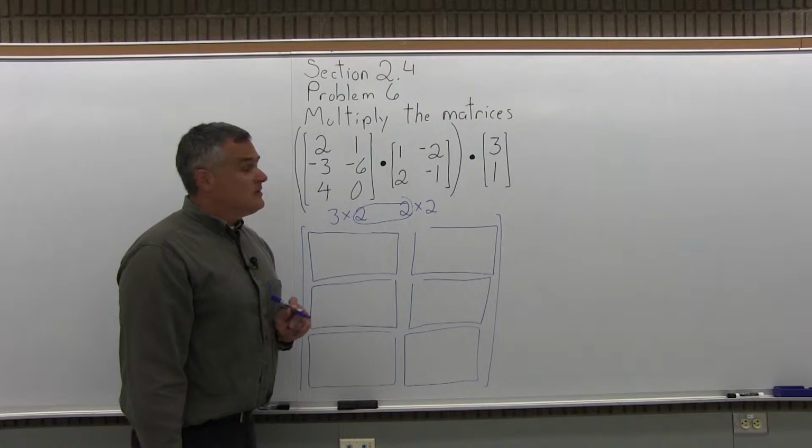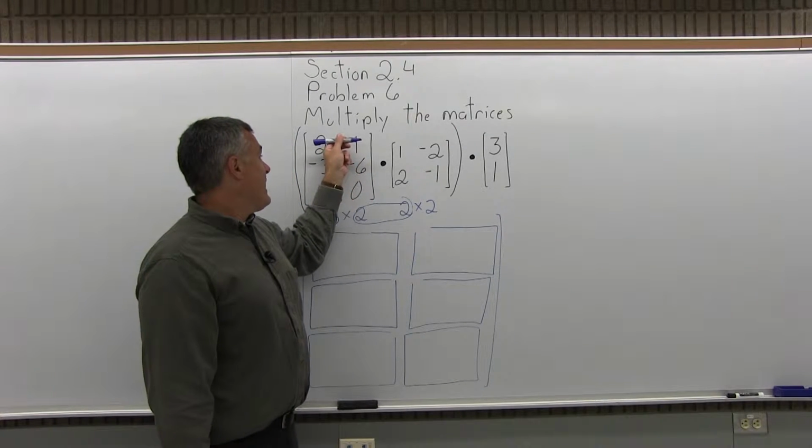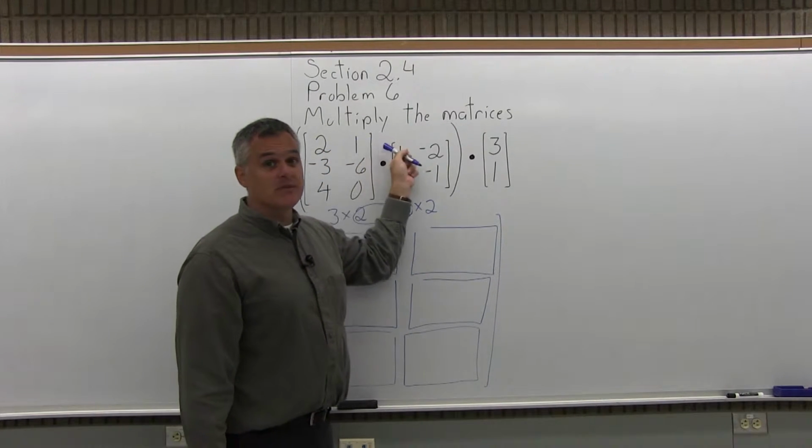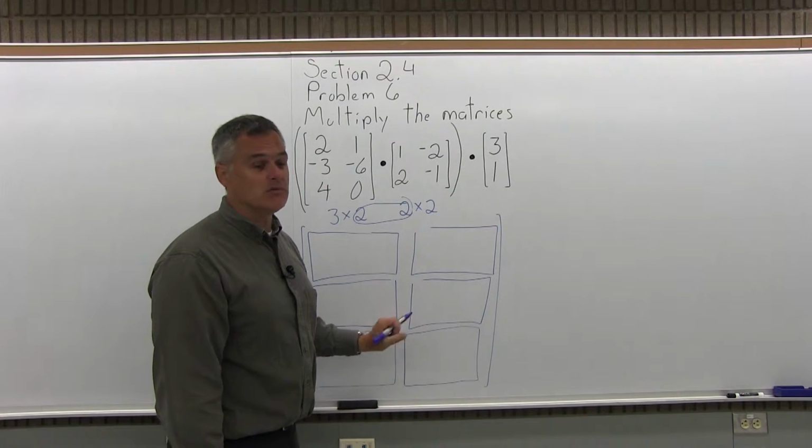So what we need to do, as with any matrix multiplication, is multiply systematically every row of the first matrix times every column of the second matrix and put the answers in the blocks where they go.